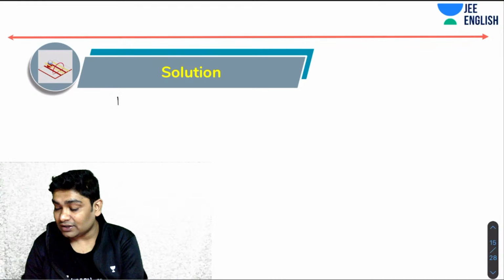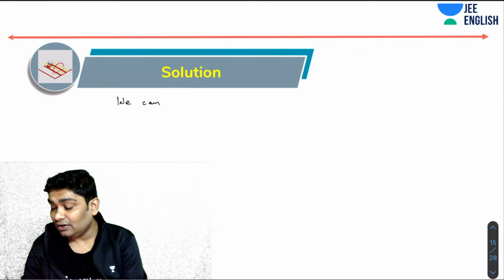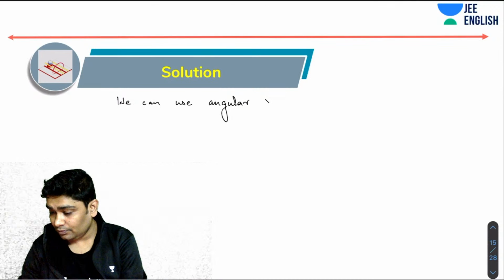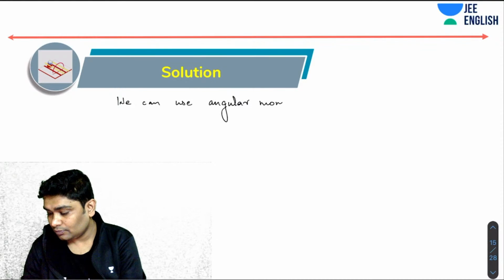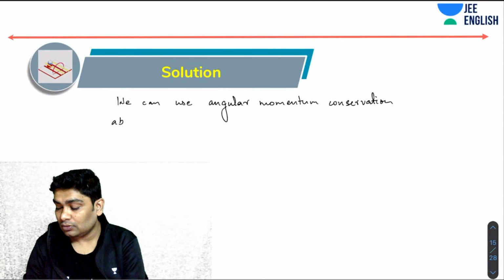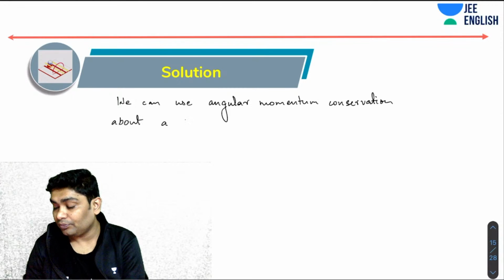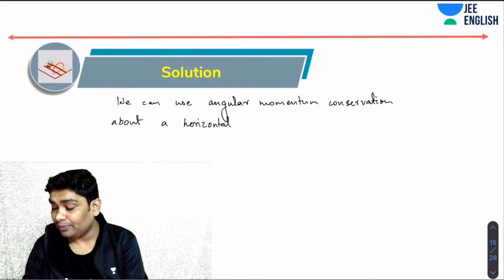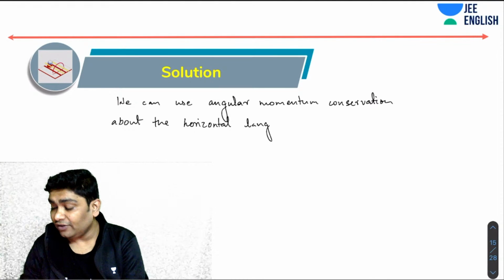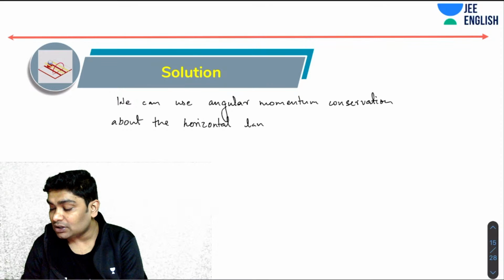We can use angular momentum conservation about the horizontal landing point. Wherever it lands, immediately it will receive some impulse.